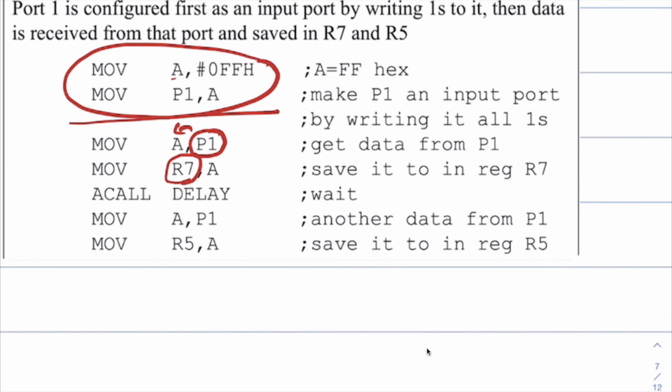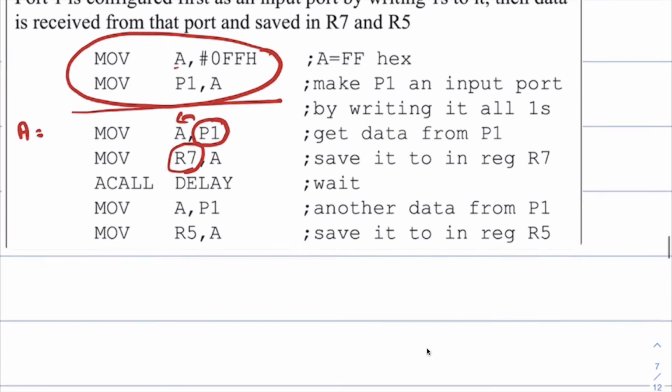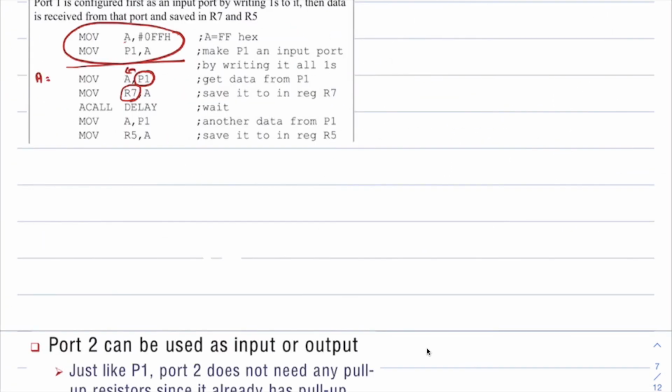So A will be containing some value. Let me take an example. Assuming we have a port connected like this, we have our 8051 on this side, and your external device, external pins, appearing at this side.